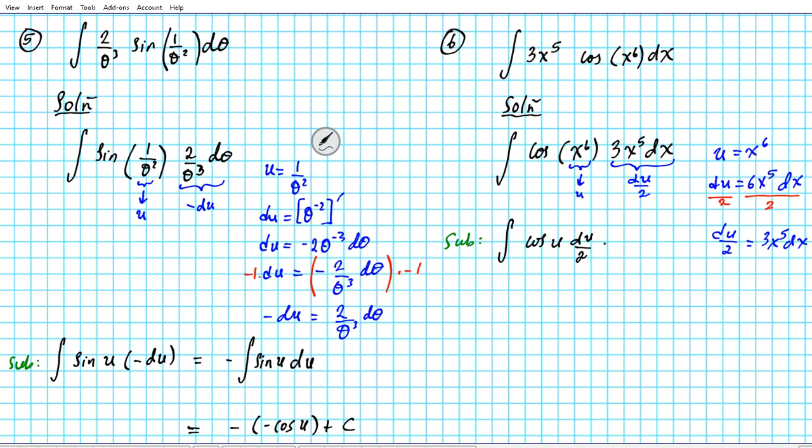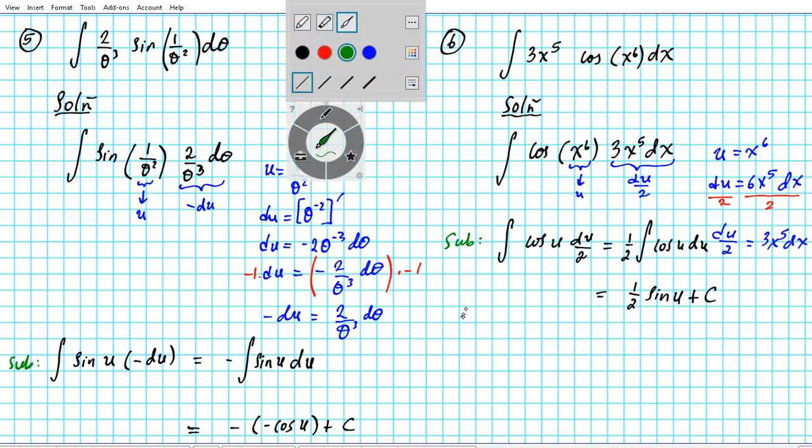Now we can rewrite this. Just simply make it look pretty, factor out 1/2. So we just have the integral of cosine u du. And then using our knowledge of the integral of trigonometric functions, we know the antiderivative of cosine is sine. So when we integrate that, we're going to have 1 over 2 sine u plus c, since it is an indefinite integral.